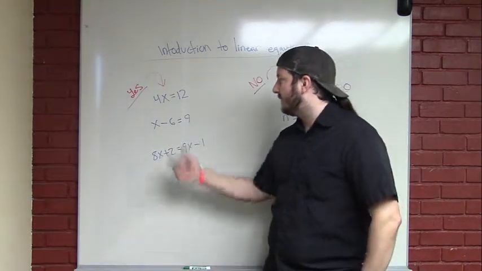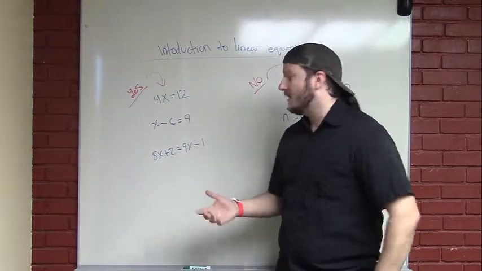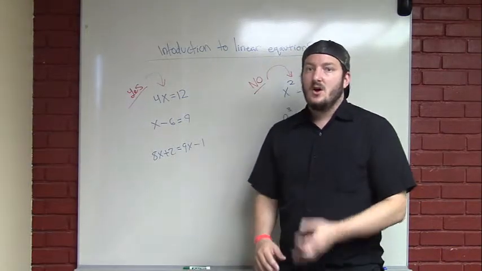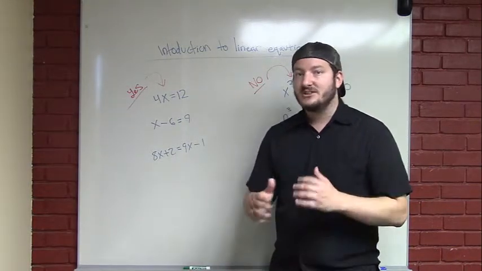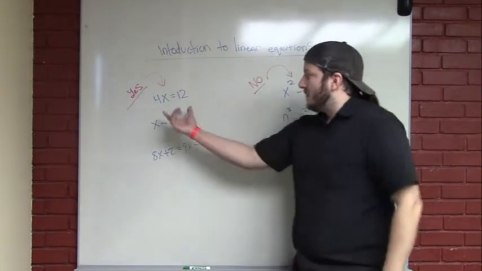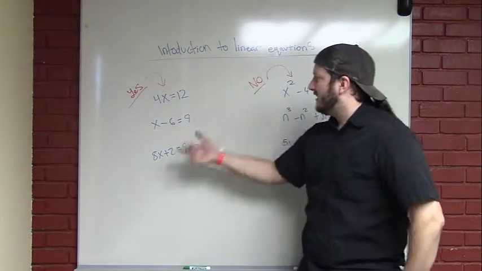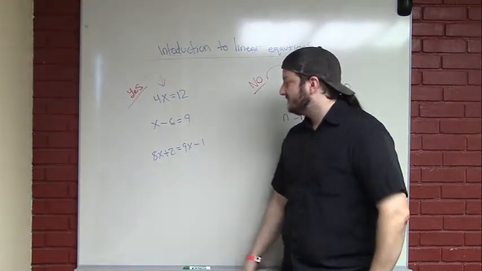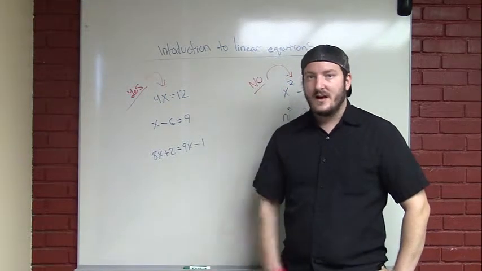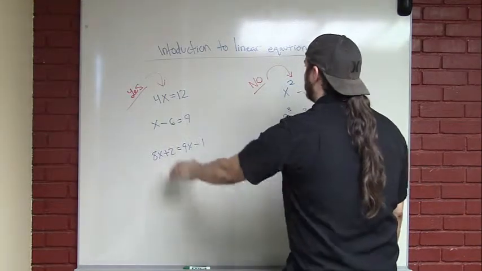I guess I should have mixed it up, but just x's or just a y, etc. Nothing else with it, like no x squareds, no x cubes, no fractions with an x in the denominator, etc. And I have examples of those right here. But basically, these right here are linear equations. This is what they look like, okay? And the more you see them, you'll just start to identify that these are lines, okay? So these, boom, those are linear equations.